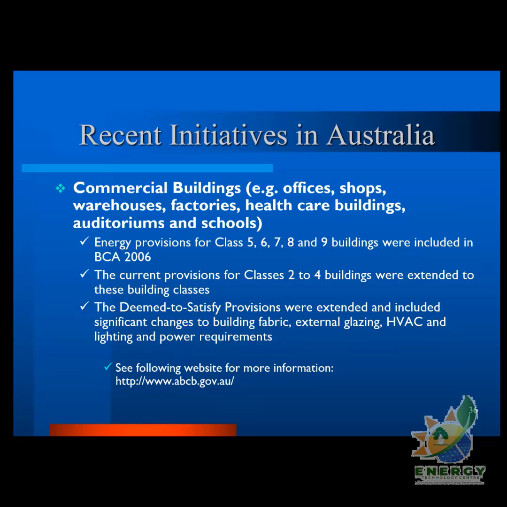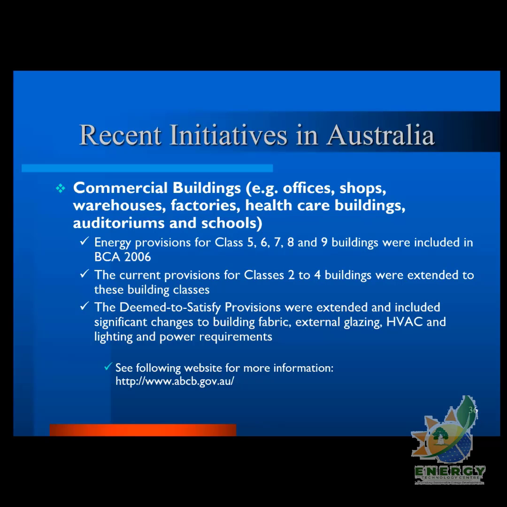So the higher the class, the better the performance. The current provisions for class 2 to 4 buildings were extended to these building classes. Now, deemed to satisfy provisions were extended and included significant changes to building fabric, external glazing, heating, ventilation, and air conditioning, lighting, and power requirements.